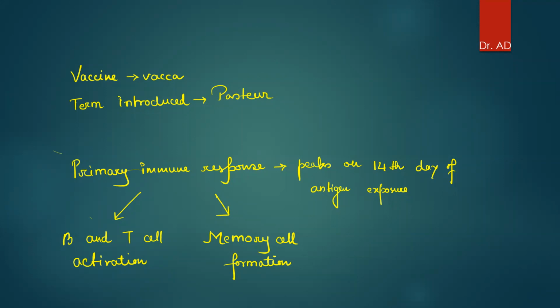So you need to remember two things. Primary immune response elicits formation of IgM, whereas secondary response protects the host with higher affinity IgG antibodies.